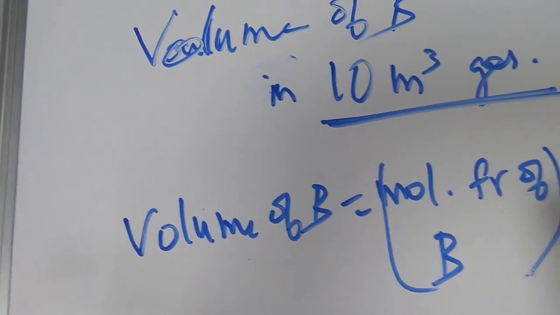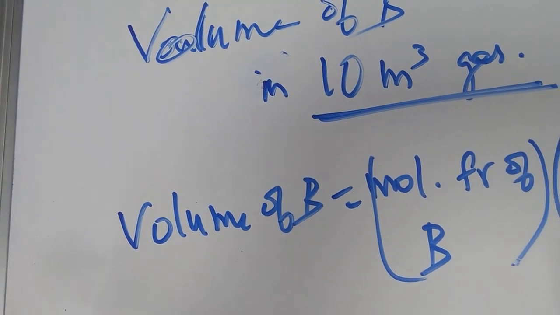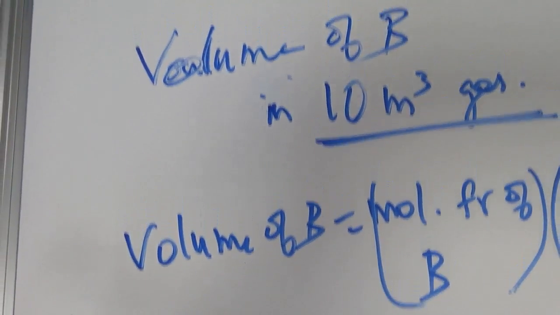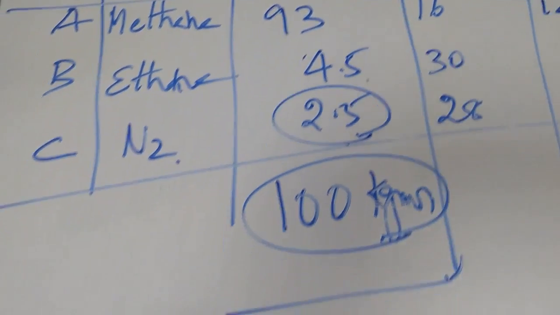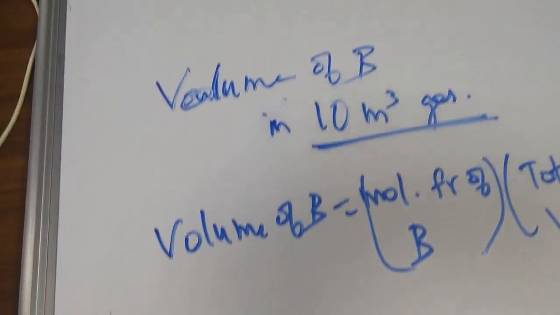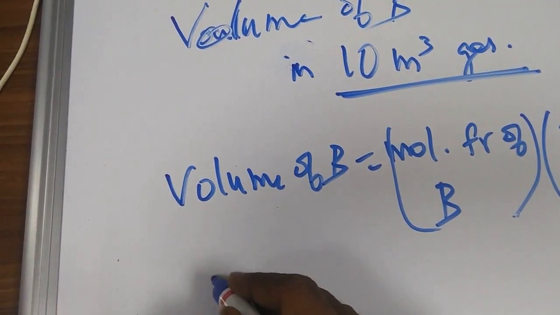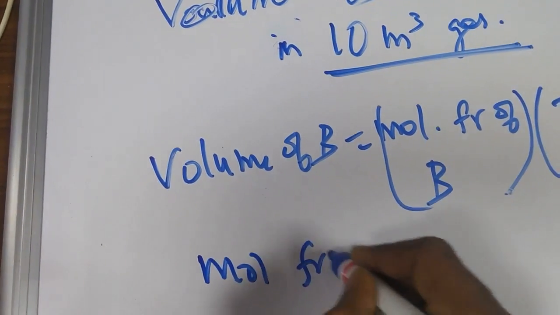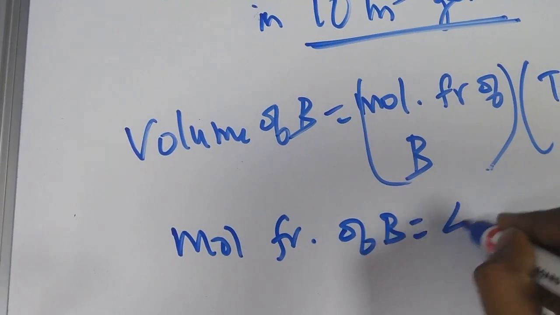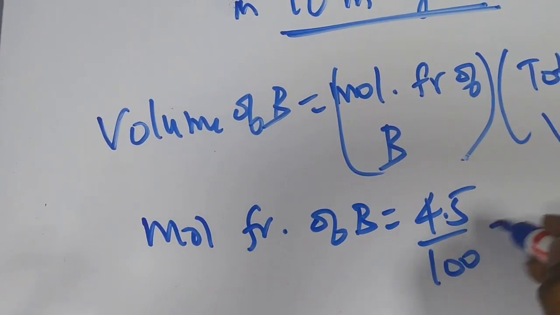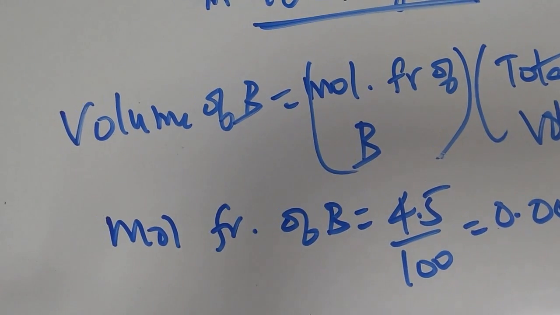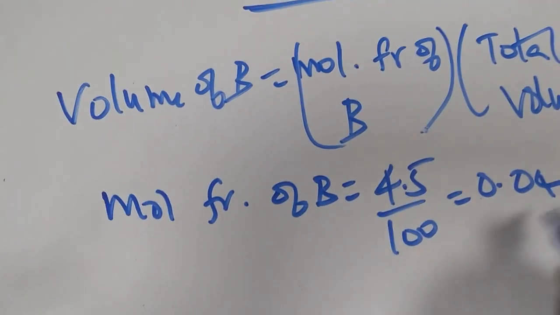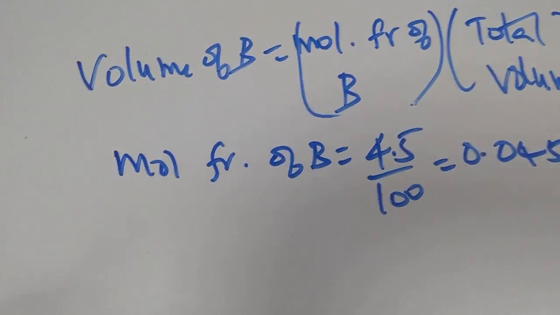into total volume. What is the mole fraction of B? Percentage is 4.5 percentage. Then mole fraction of B is 4.5 by 100, which is equal to 0.045. Is it correct? 4.5 by 100 is 0.045.